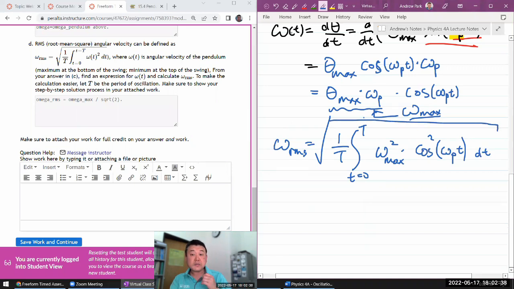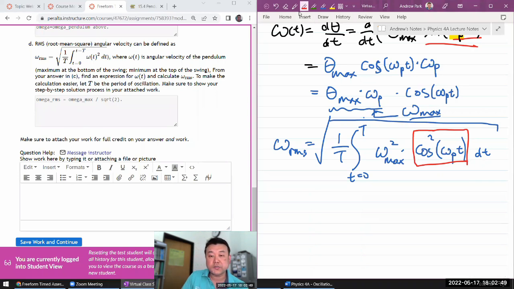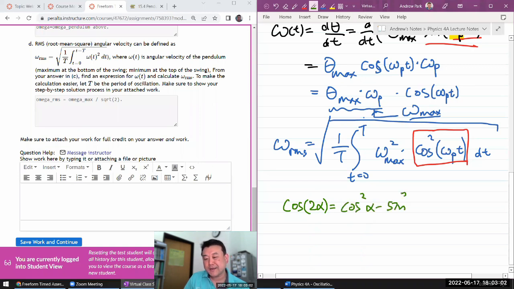All right. So when you're doing this integral, really the key challenge is here. And the trig identity that you need to remember to handle this part is the power reducing formula. The way I remember power reducing formula is actually by remembering the double angle formula. Cosine of 2 alpha is equal to cosine squared alpha minus sine squared alpha.